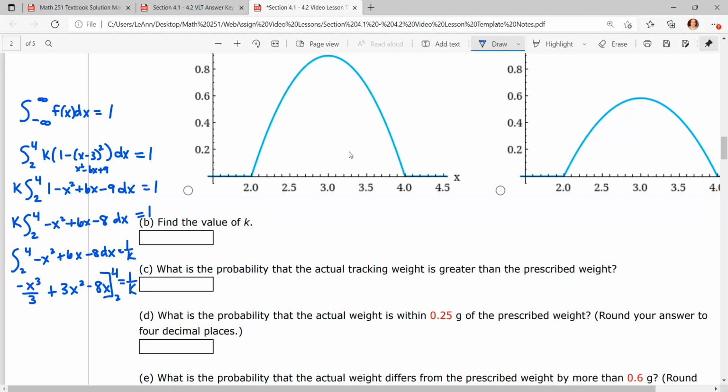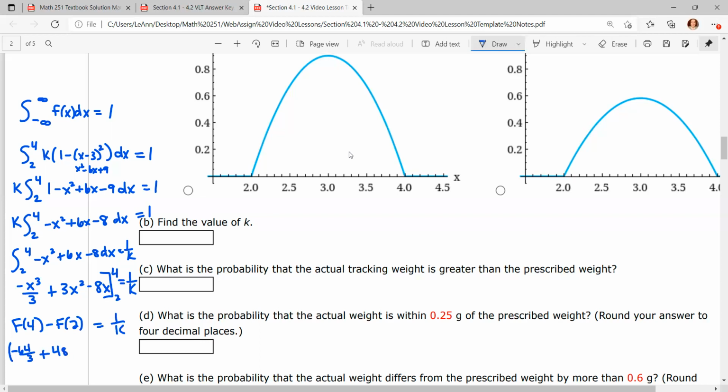So if we plug in for 4, we're going to get F of 4. Let's write this down first. F of 4 minus F of 2 equals 1 over k. So 4 would be negative 64 after we cube it over 3, plus that's going to be 16 times 3, so that's going to be 48.